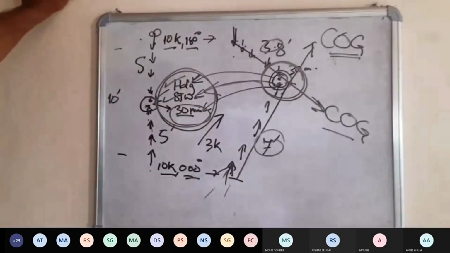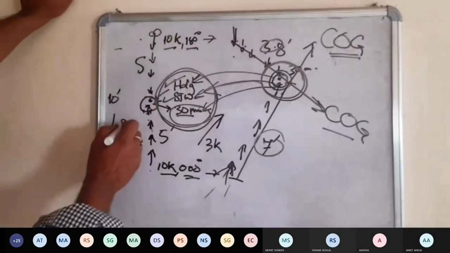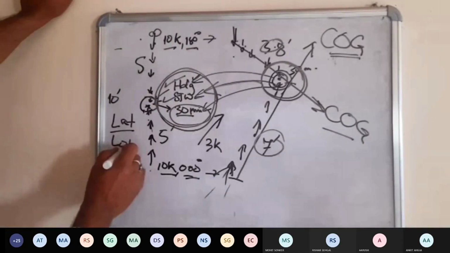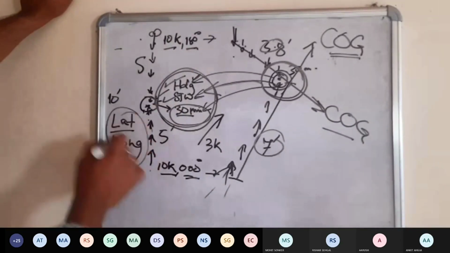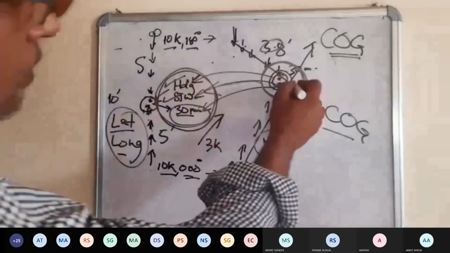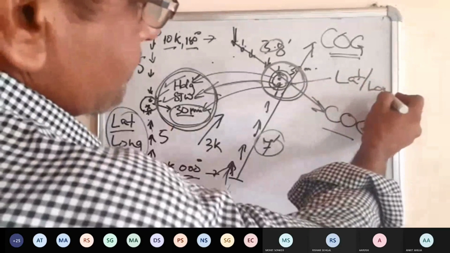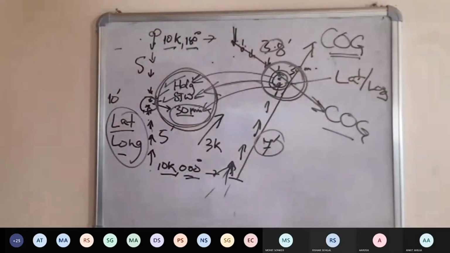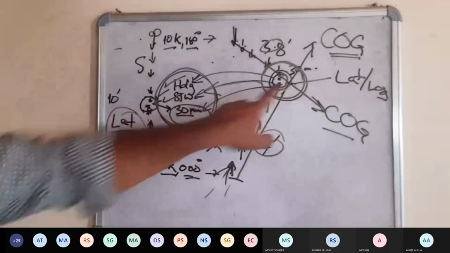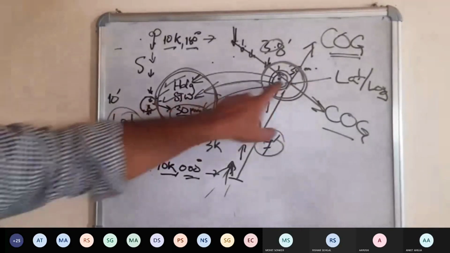One thing which is different here is the lat long. Lat long is separate. Only thing which has changed is the lat long of collision.